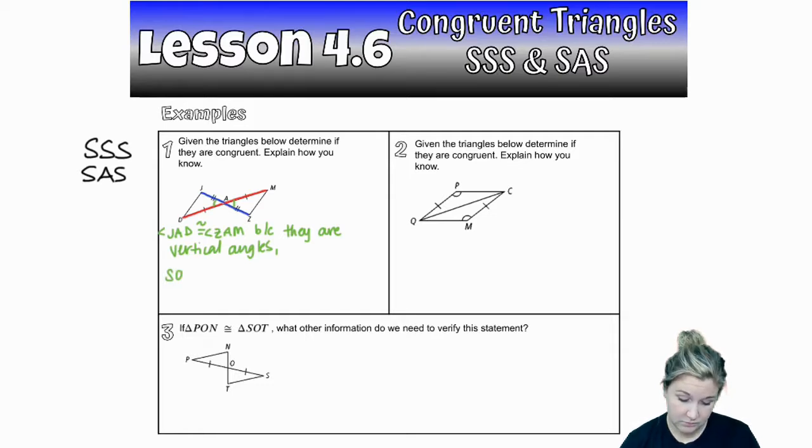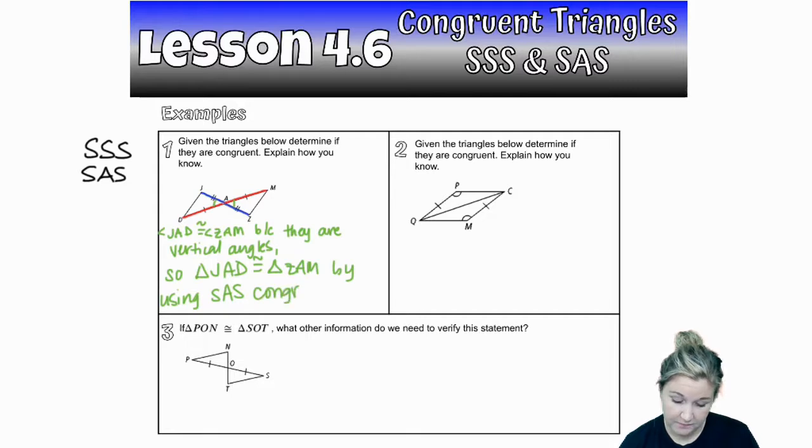So I would have triangle JAD is congruent to triangle ZAM by using the side-angle-side congruence postulate.